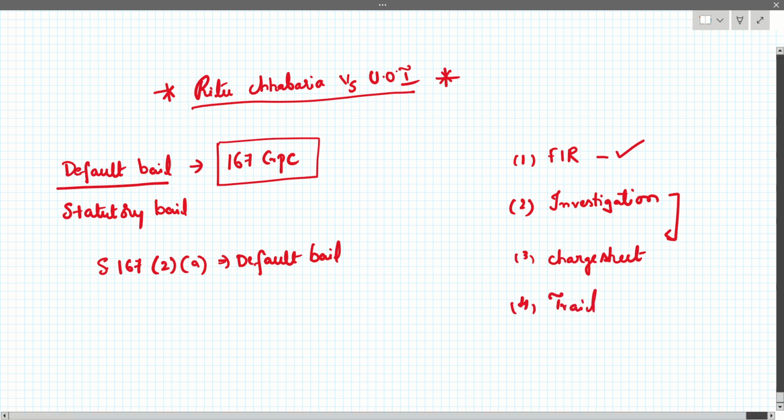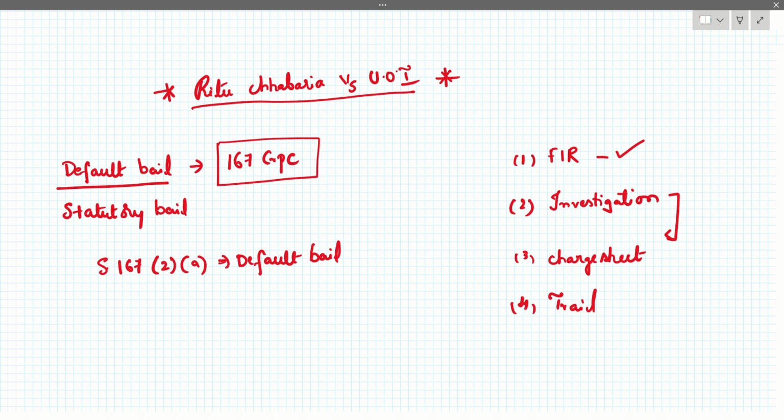We all know that according to section 57 of CrPC, the accused who has been arrested by a police officer has to be produced before the magistrate within 24 hours.